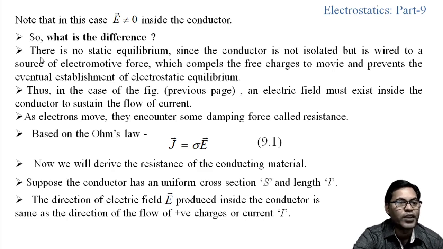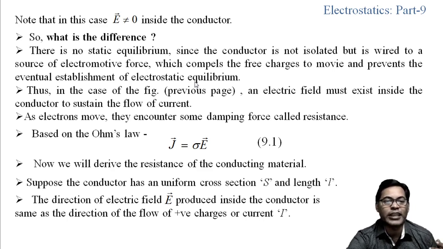The answer is there is no static equilibrium, since the conductor is not isolated but is connected to the source of electromotive force through wires, which compels the free charges to move and prevents the eventual establishment of electrostatic equilibrium.